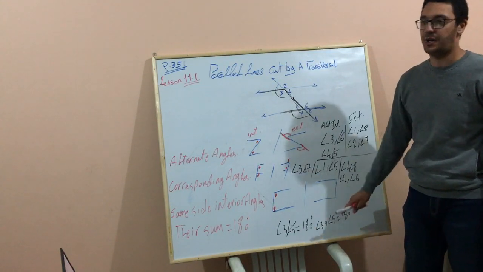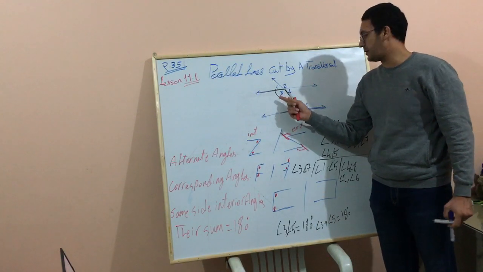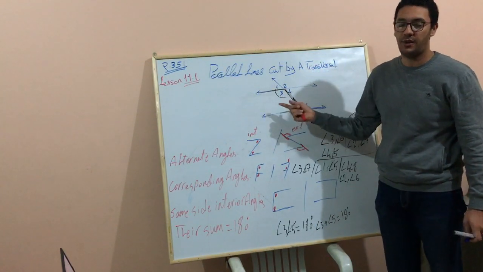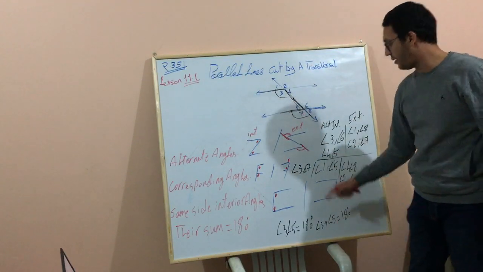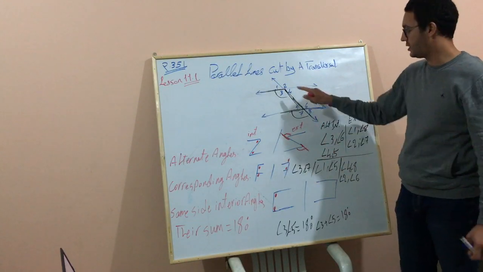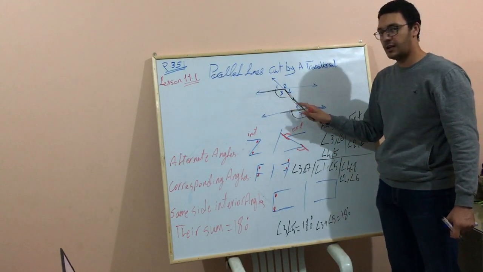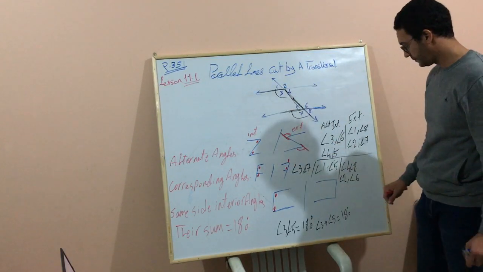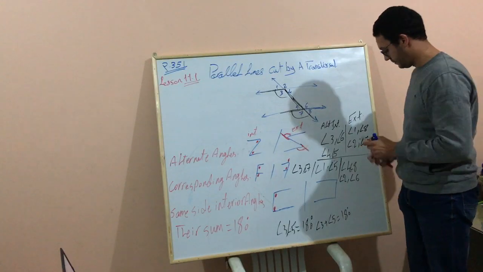Nobody should come and tell me angle 3 plus angle 5 equals 8. No. When I say angle 3, I'm referring to the angle, I'm not talking about its measure. So this angle doesn't measure 3 degrees, and this angle doesn't measure 5 degrees. I'm going to show you some of them in the following examples.